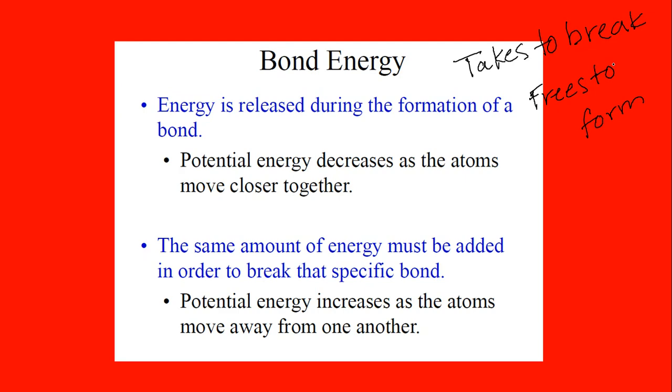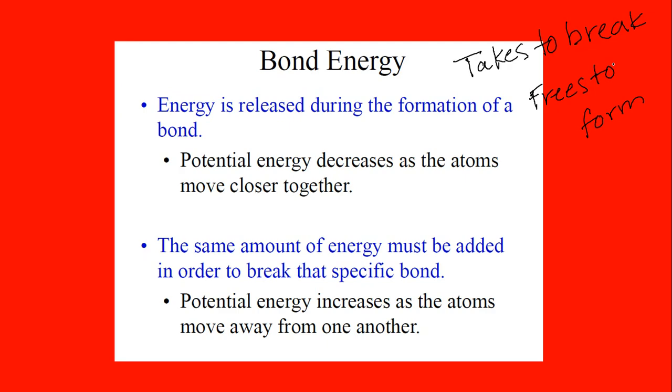So say, for example, there's 500 kilojoules released to form a bond, then it's going to take 500 kilojoules to break that bond. If you're arm wrestling someone of equal strength, then it's going to take the same amount of energy to win as to lose. So you're probably going to be just in limbo for a really long time.